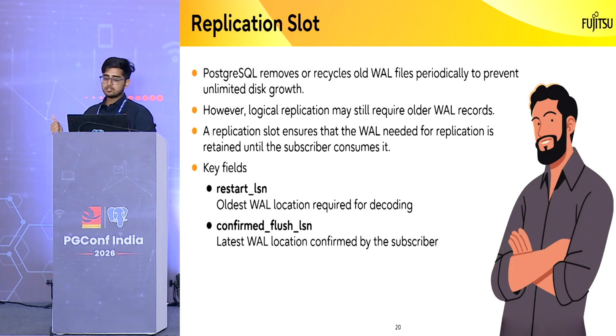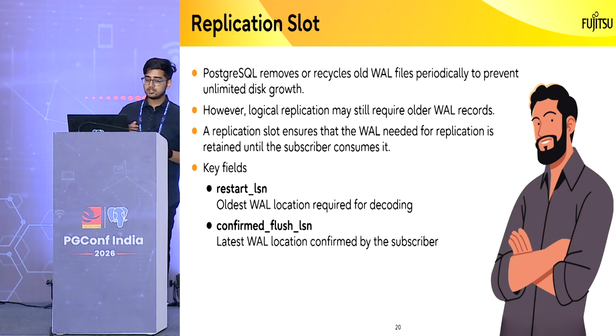So how are these records preserved? They are preserved with the help of the replication slot. It ensures that the WAL needed for replication is retained until the subscriber consumes it.